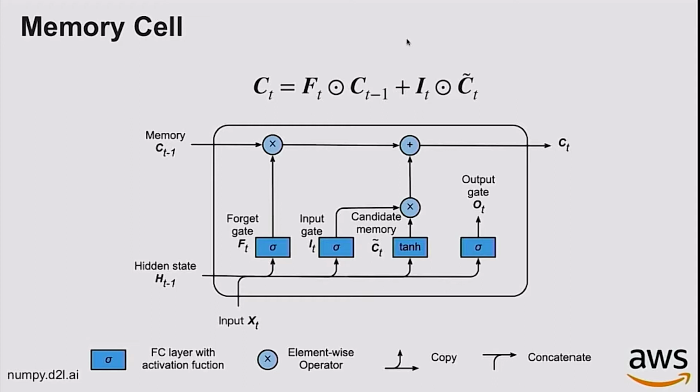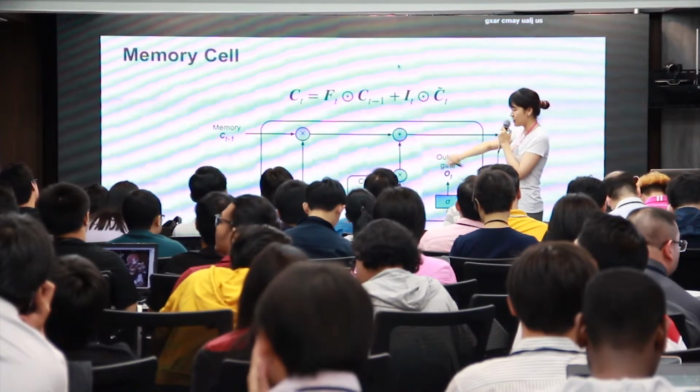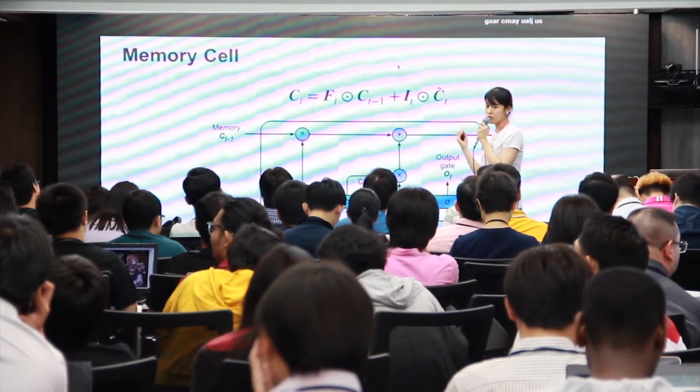Also, you have the new candidate memory, and you want to evaluate whether to memorize it or not and pass it to the next cell. That's why you apply your input gate, which is like your memory just from this input, and it determines whether you want to pass on the current candidate memory or not.